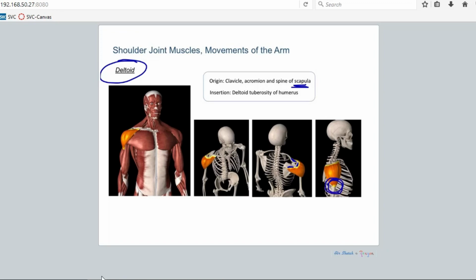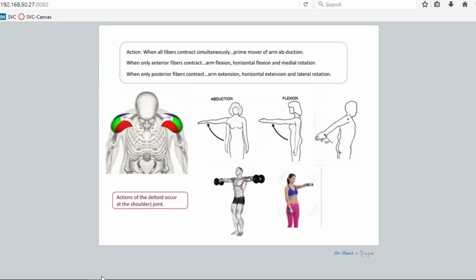So what's going to happen when this contracts? When all of them contract simultaneously, the deltoid is the prime mover of abduction of the arm. Okay, so the primary muscle responsible for abduction.